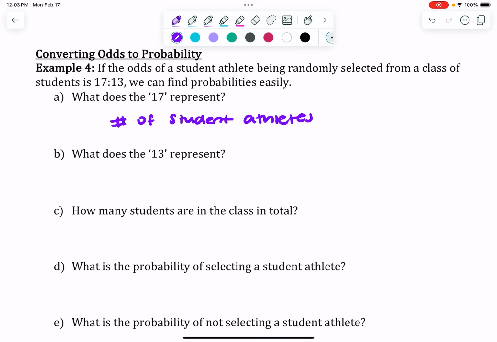It doesn't say odds against, so we need to assume it's odds in favor. And that 17 coming first means that's the number that represents my favorable outcomes. The 13, that second number, represents the number of not student athletes.